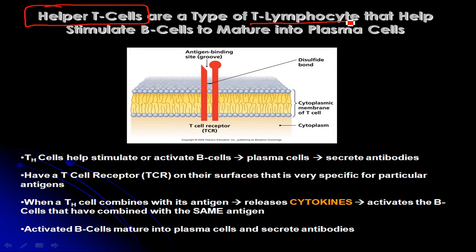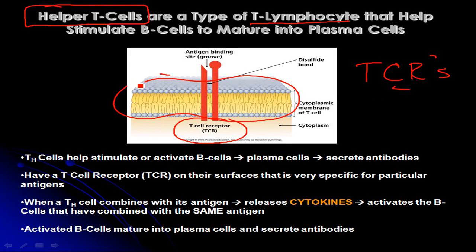And now, like B cells, T cells have T cell receptors, or TCRs, in their surfaces. Now, the T cell receptors are kind of similar to antibody molecules, but they don't have the Y shape. Okay? But they are embedded into the membrane. This is a hunk of membrane on a T cell.